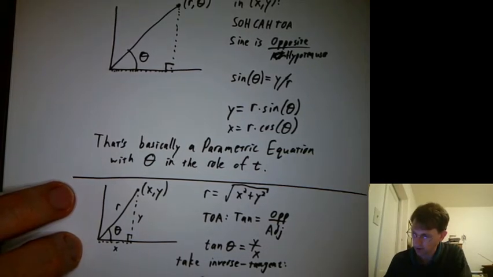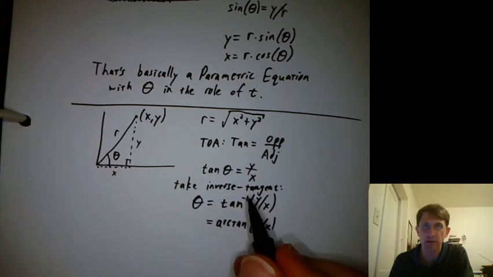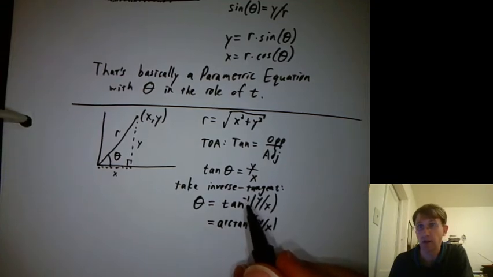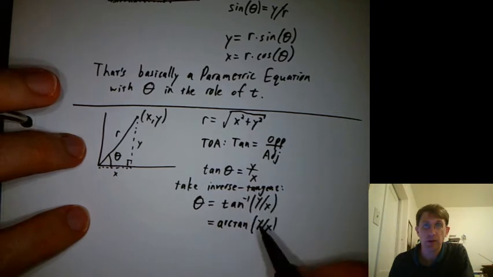So we could say that theta equals tangent inverse y over x, or sometimes we write it as arctangent y over x. I actually like arctangent as a better notation, because remember, this -1 doesn't mean raise it to the -1 power. It means the inverse function. So this is not a bad way to go.